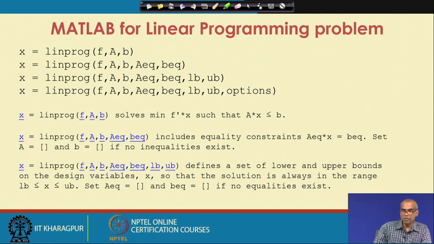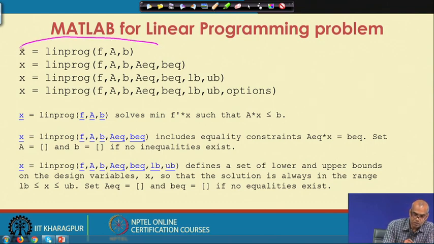So, these are the typical syntax. The minimum syntax that is required is x equal to linprog(f, A, b). What is f? f is the vector of coefficients of the objective function.